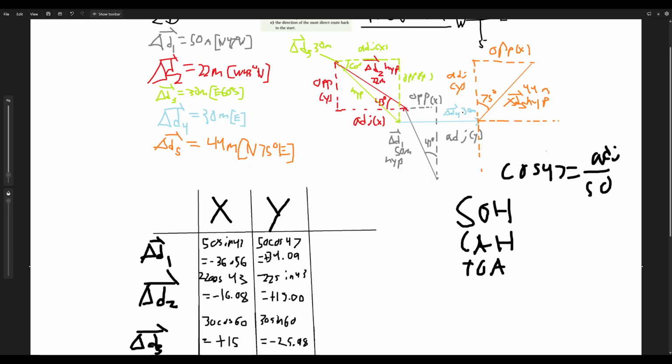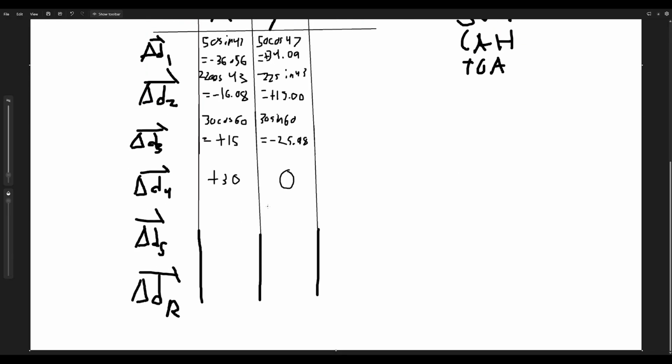This would be positive because it's moving north. I got 11.38, so I'm going to put plus 11.38. Then we do the same thing here, 44 sine 75.